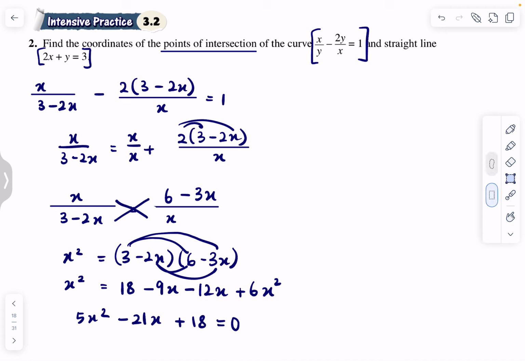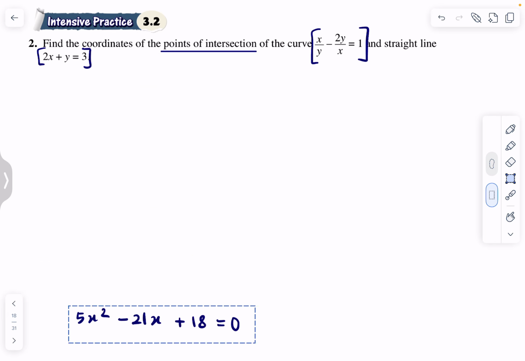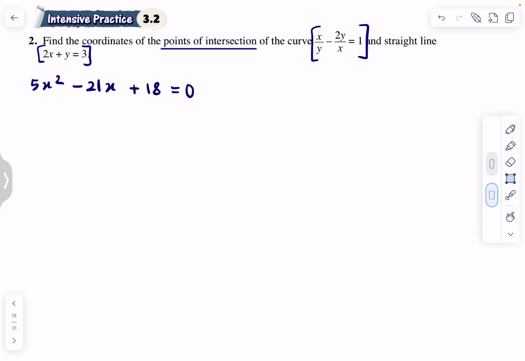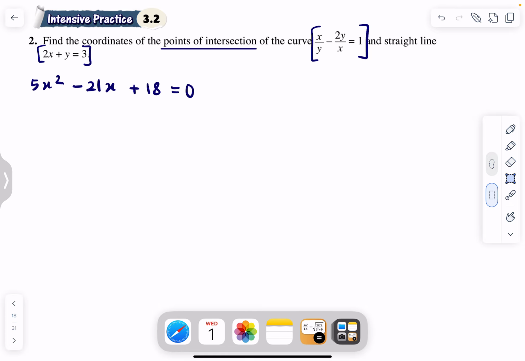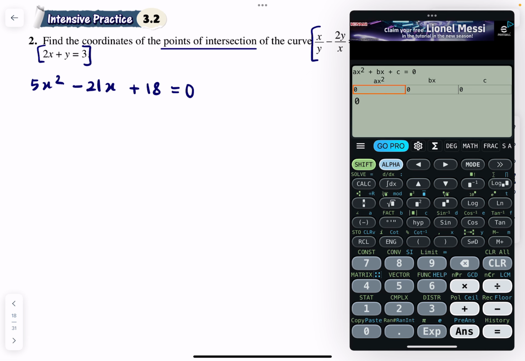Once we are at this stage, we can factorize. So open up the calculator, you go to polynomial degree 2. A is 5, B is negative 21, C is 18.